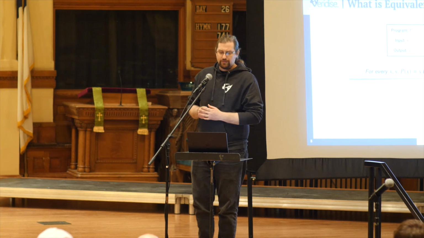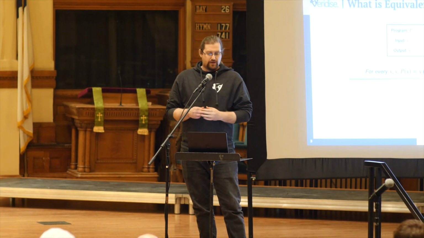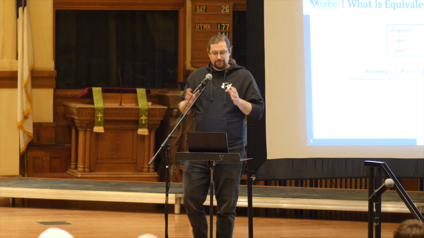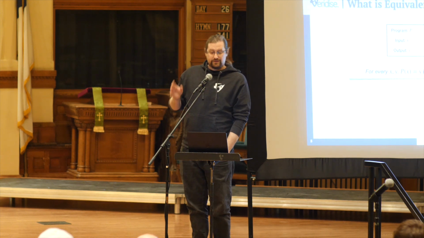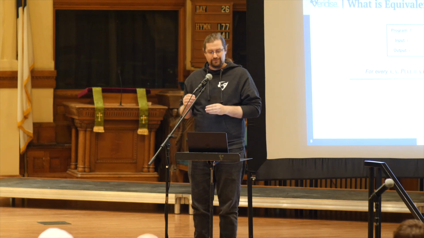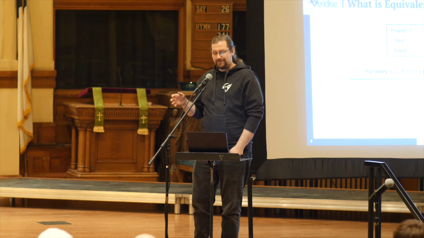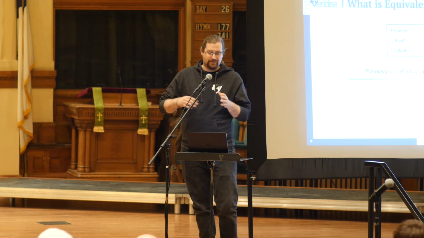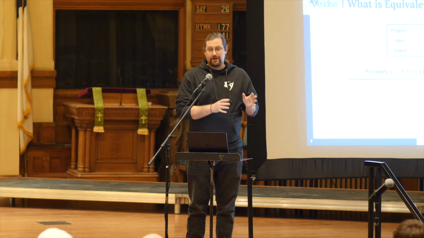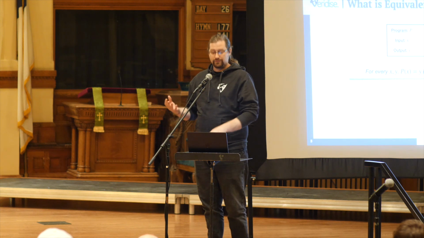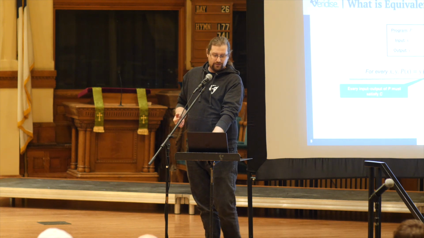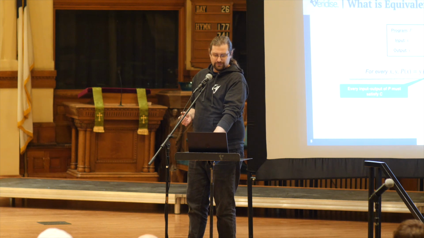And so what we want to make sure is that for every X and Y, P of X is equal to Y if and only if C of X, Y is true. So basically, your program will only produce the outputs that are accepted by your constraints. And so that is essentially what we're saying here.